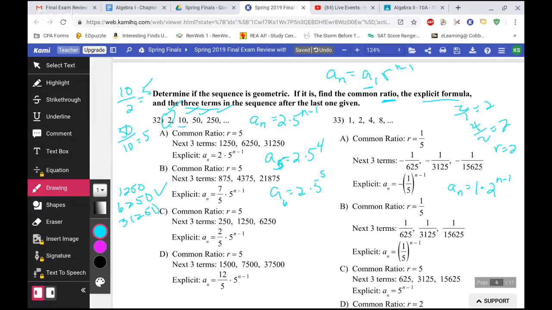So for me, yes, you could plug it back in, but when it's asking for the next three terms in the sequence, I would just take that final term and multiply it by the common ratio, because that's going to move you along your exam a little quicker. Does that make sense to everybody?